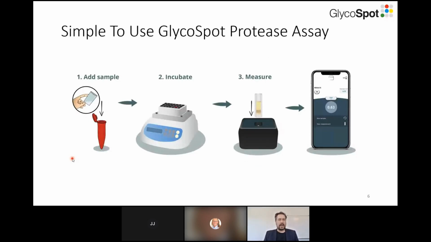So at GlycoSpot, as was mentioned, we have put a lot of work into making our assays as simple to operate as possible. So it's a simple assay where we can provide a special substrate prepared in individual reaction tubes.